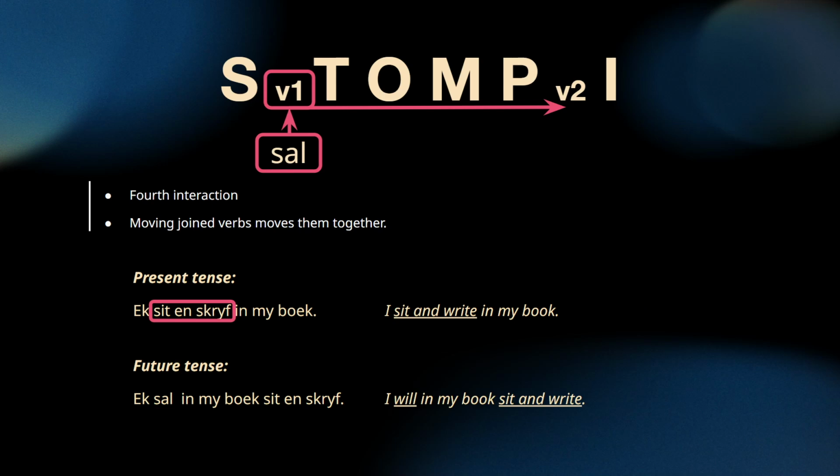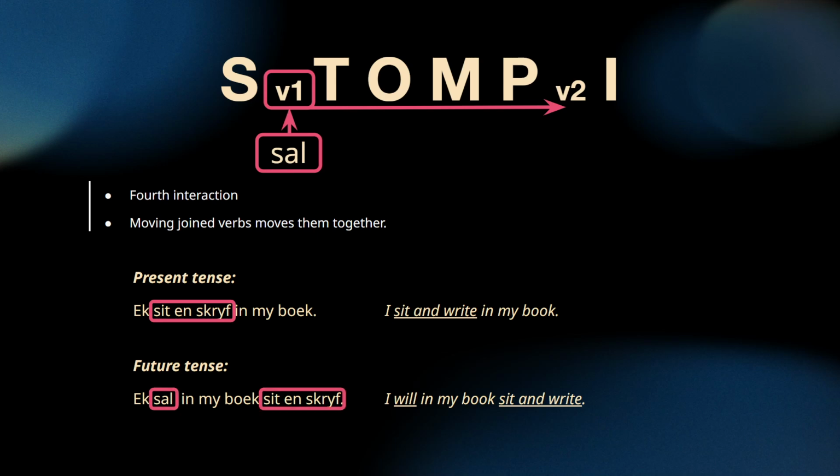So for our fourth interaction, we're going to take a look at what happens if we move two verbs that are joined. Sit and skryf. Generally, we're talking about these two things together. I sit and write in my book. I'm doing two things, and I just want to join these two verbs by en. We treat this both together as my first verb.